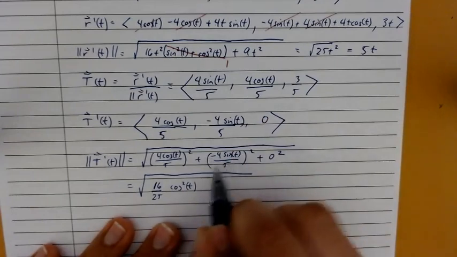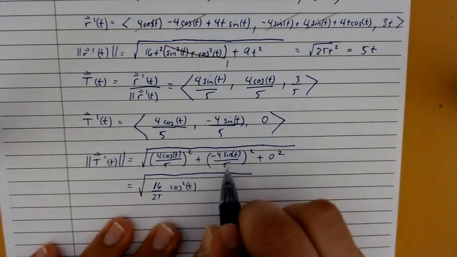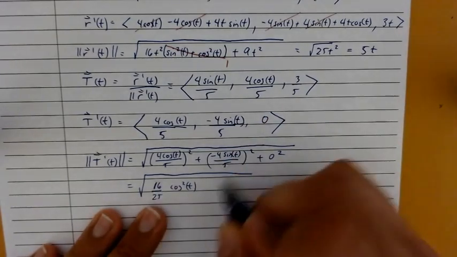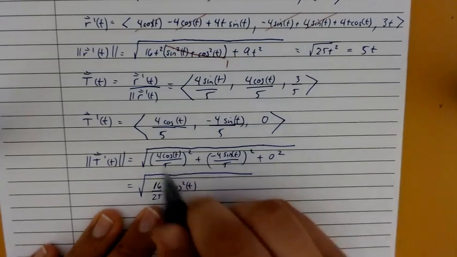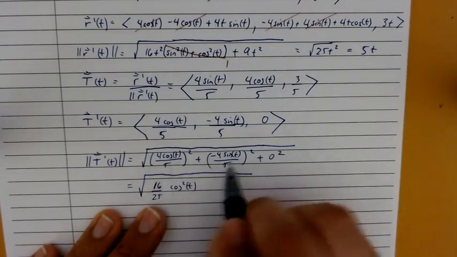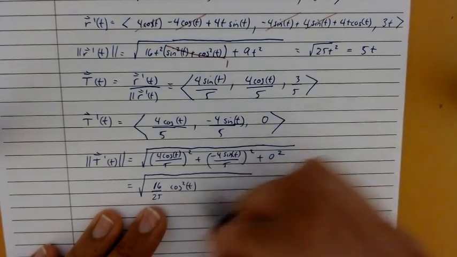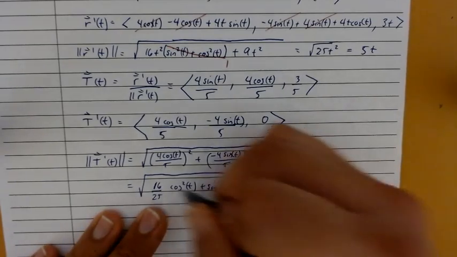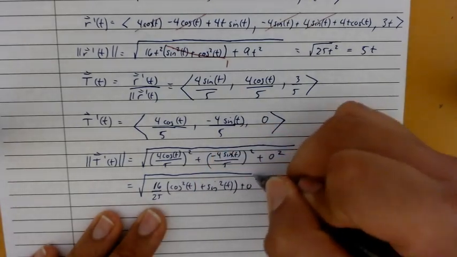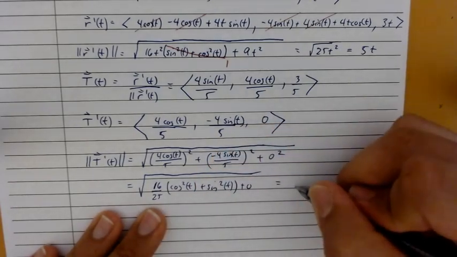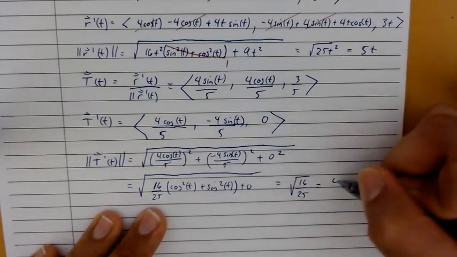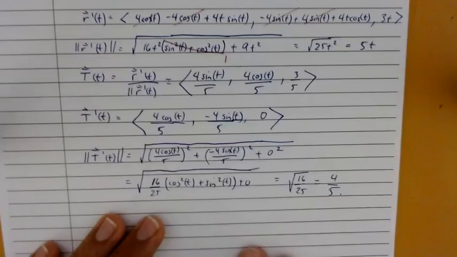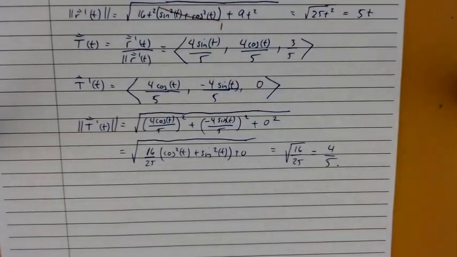Negative squared gives me a positive. That's also 16 over 25, so let me factor that out. If I factor 16 over 25 from both of them, I'm left with cosine squared of t plus sine squared of t, plus 0. And that'll give us the square root of 16 over 25, which is just 4/5. So there we see the magnitude of T prime of t.